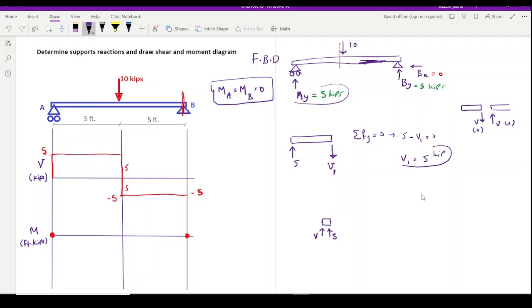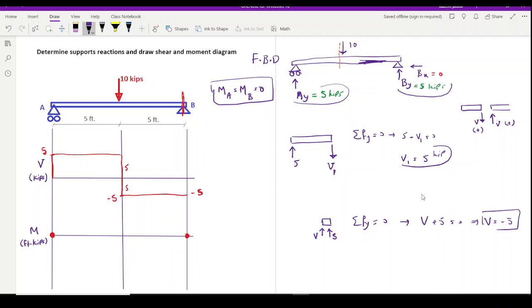So if I write sigma Fy is 0, that means that V plus 5 is 0, and from there V is negative 5. Well, so it shows that at supports, V is equal to the magnitude of the support reaction that you calculated, but you have to pay attention to the sign of it.